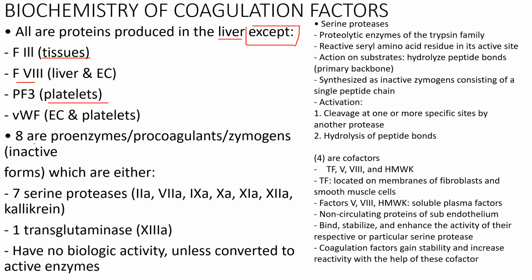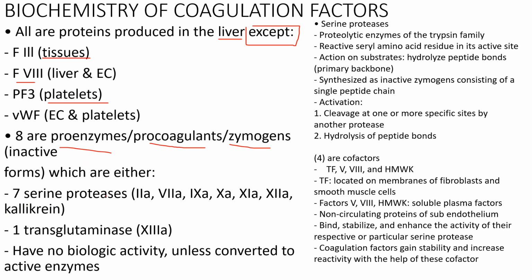Now, 8 of these coagulation factors are proenzymes, procoagulants, or zymogens. They are inactive forms, which could become activated or inactivated. So again, 8 of these coagulation factors are either in inactive or activated form.